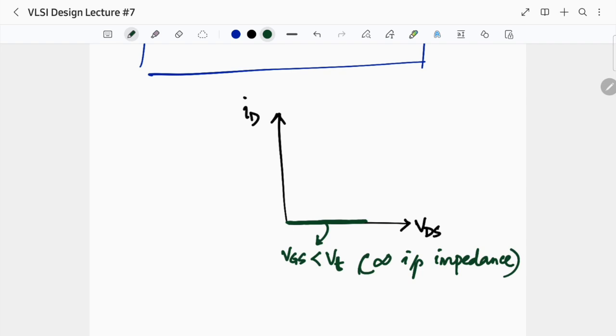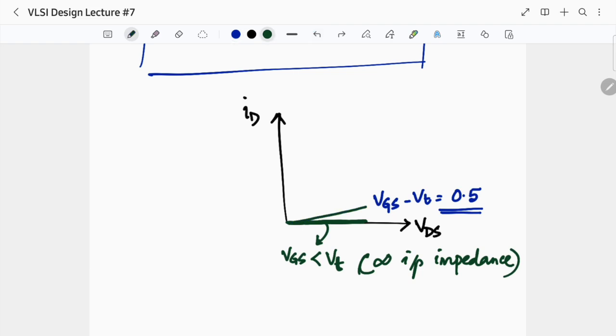Now, if the excess voltage, VGS minus VT, equals 0.5, I will use another color. This is a very minimal difference between the two voltages, VGS and VT. So I'm taking that point where we will have a slight amount of current flow in our MOSFET.